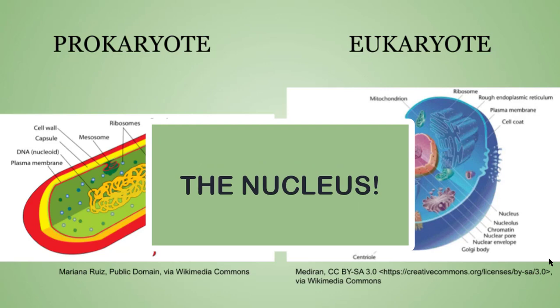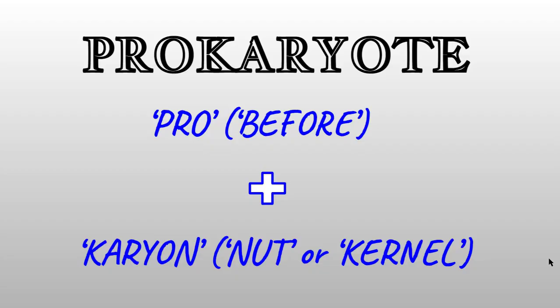The presence or absence of a nucleus is reflected in their names and places them into separate biological domains and kingdoms. The word prokaryote comes from the Greek pro, as in before, and karyon, as in nut or kernel.